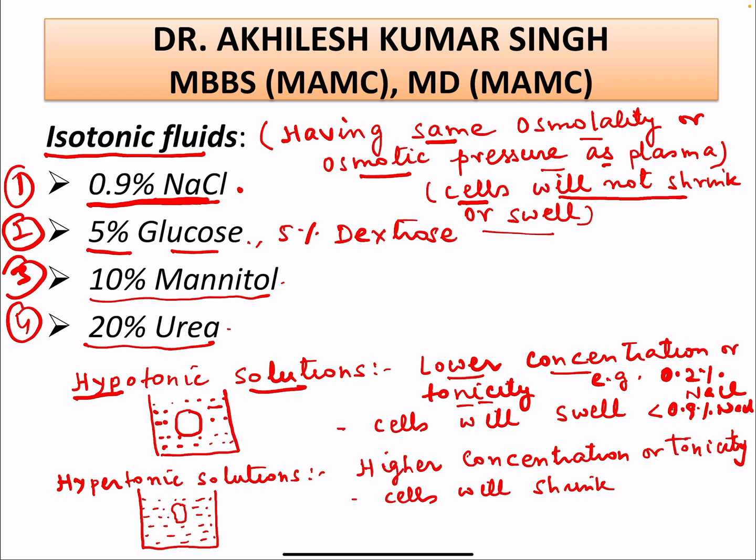Or if the concentration of dextrose is less than 5%, again it will be hypotonic. If the concentration of mannitol is less than 10%, again it will be hypotonic. So hypotonic means the concentration is lower than the isotonic value.